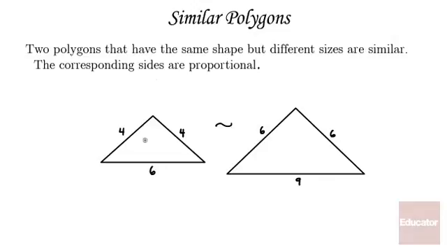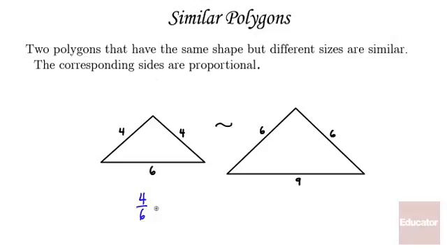So they're all corresponding. Okay, so that means I can create a ratio for each of these corresponding sides. That means I can compare this one with this one. So 4 to 6, remember that's a ratio. And then it's all proportional.